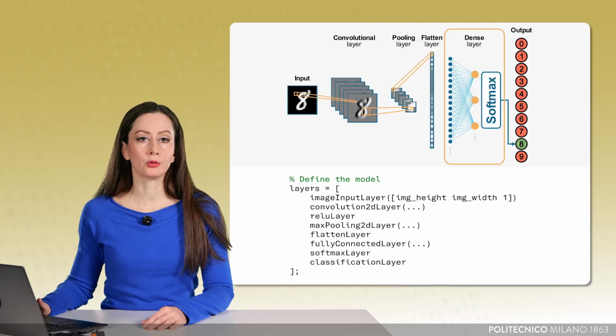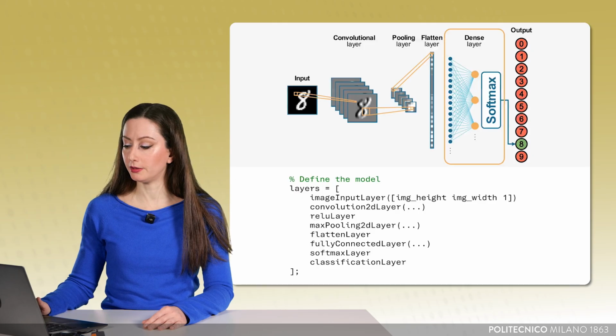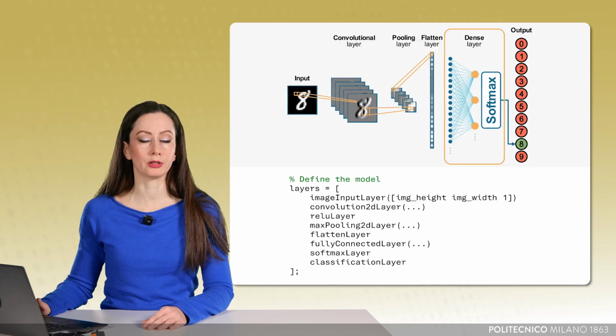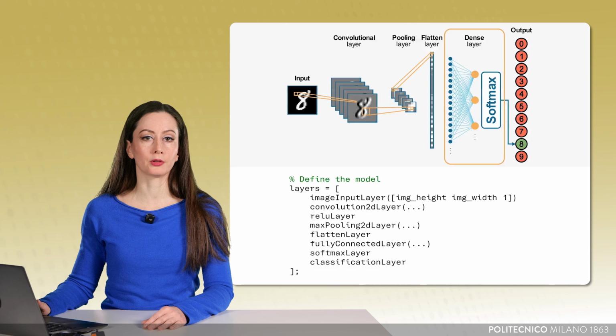It's important to note that the arguments to these layers are design choices that depend on the problem. They are usually fine-tuned through trial and error. In this example, we present you one specific configuration, but we encourage you to explore different ones and see how results change.